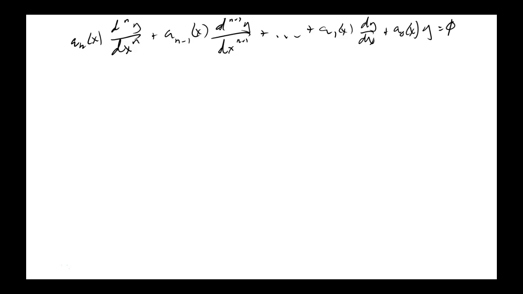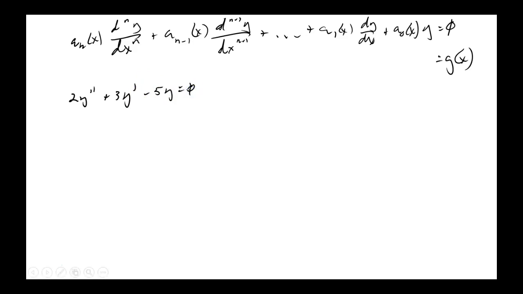That's said to be homogeneous, whereas the equation, if you put equal g of x, we would call non-homogeneous. So if you think back earlier, we had 2y double prime plus 3y prime minus 5y is equal to 0.